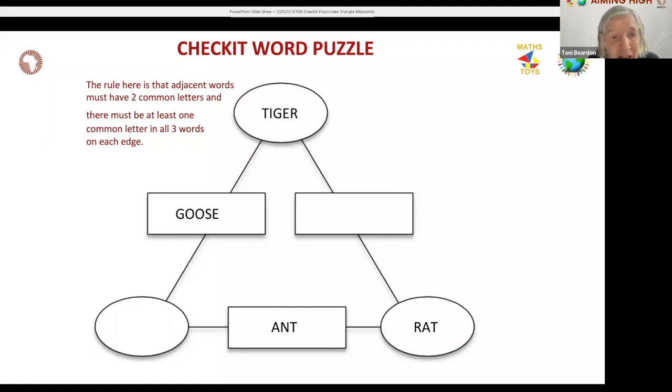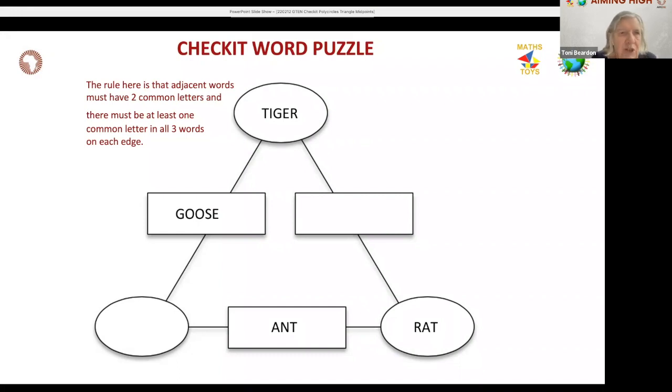Well, you could actually have gander on the bottom left, because gander would agree with G and R with tiger, and with goose, the G would be common, and then the A to the right, and the G along the diagonal.